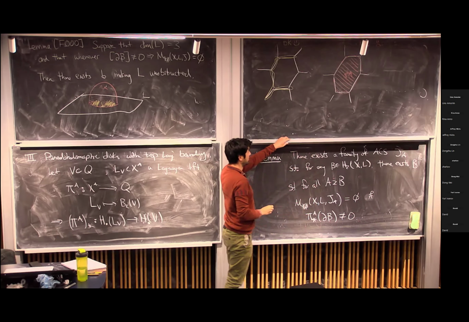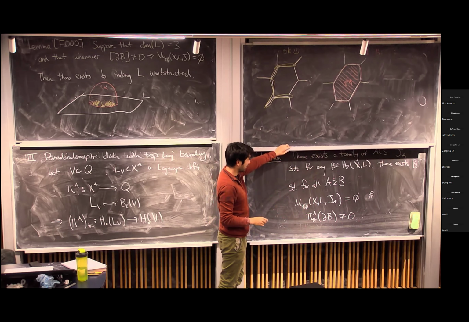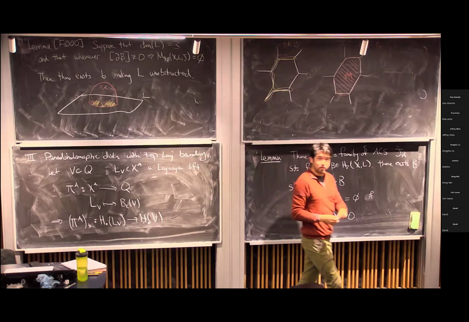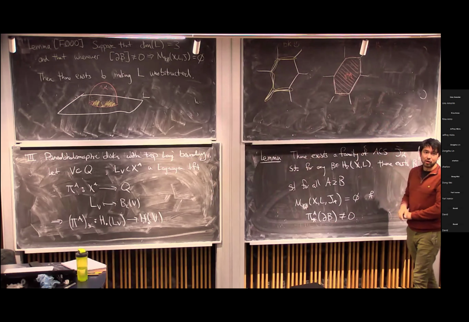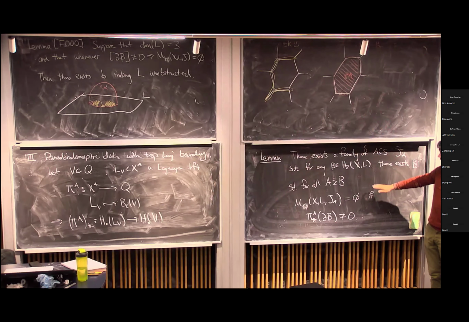So if I look at this disk class and it happens to trace out some interesting homology in the base, then I can find some almost complex structure that will make that class disappear, make a holomorphic disk disappear.